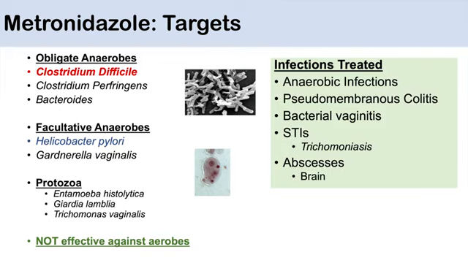So the infections that metronidazole can be used to treat include anaerobic infections, pseudomembranous colitis, which is caused by Clostridium difficile, bacterial vaginitis, some STIs like trichomoniasis, which is due to the protozoa Trichomonas vaginalis, and also intra-abdominal abscesses, but a big one is brain abscesses because of its ability to cross the blood-brain barrier. So metronidazole is good for Clostridium difficile, it's good for some STIs, and it's also good for abscesses.